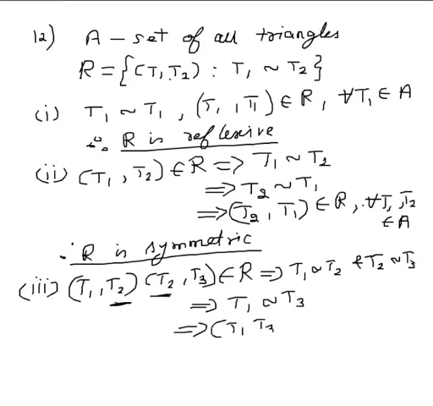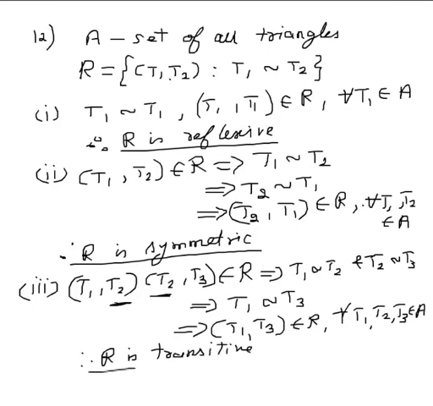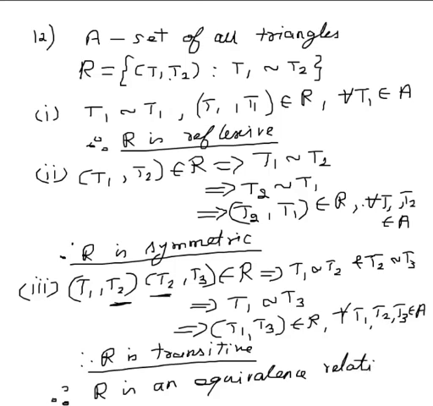Therefore, T1, T3 belongs to R. This is true for any three elements taken from the set A. Therefore, R is transitive. So all three are true. Therefore, it becomes an equivalence relation.